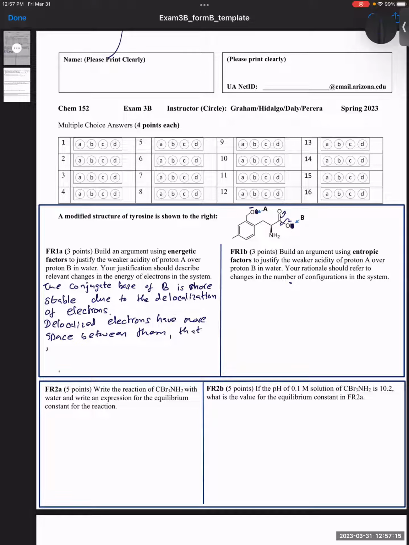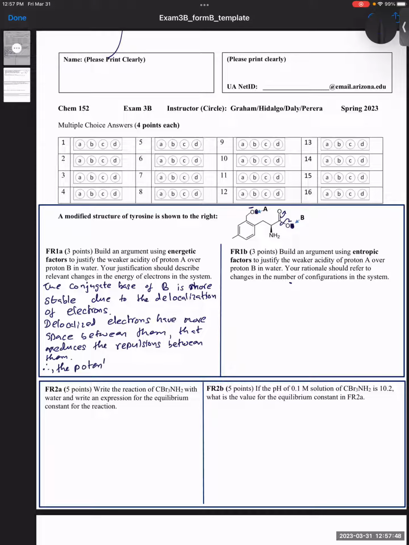that reduces the repulsions between them. Therefore, the potential energy is lower.